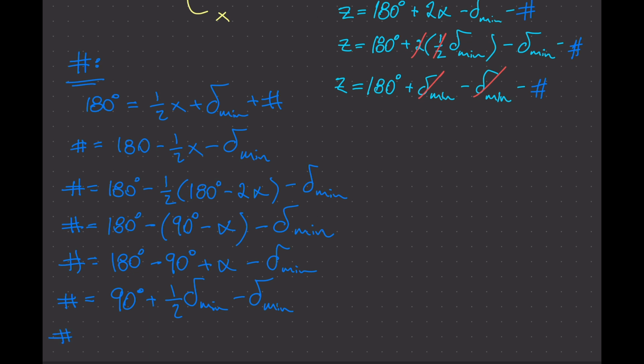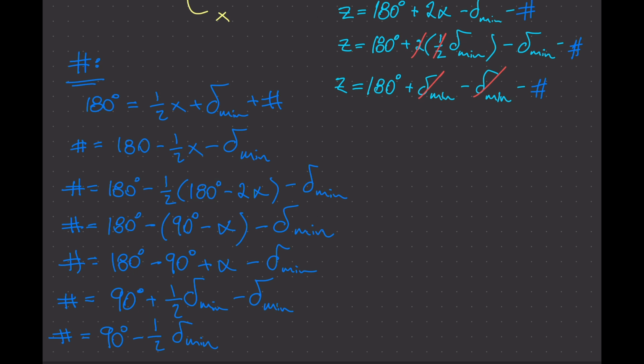So if I have a plus half delta min minus delta min, I will just get a minus 1 half delta min, right? I have negative 1 of the full thing plus half of the full thing. It'll just give me negative half of that full thing.